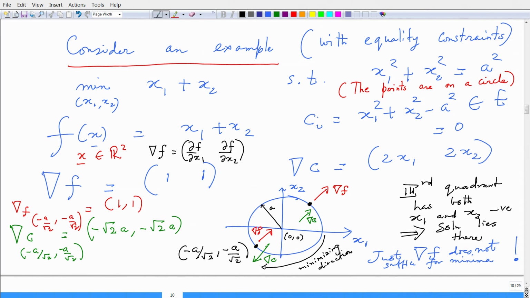Therefore, the direction of del f, irrespective of the point, would be at 45 degrees with respect to the origin. The unit vector is going to be 1 upon root 2 times 1 comma 1. So, this is the direction pointed by the red arrows. At the point of the maximum and the minimum, anywhere, del f points in this direction.